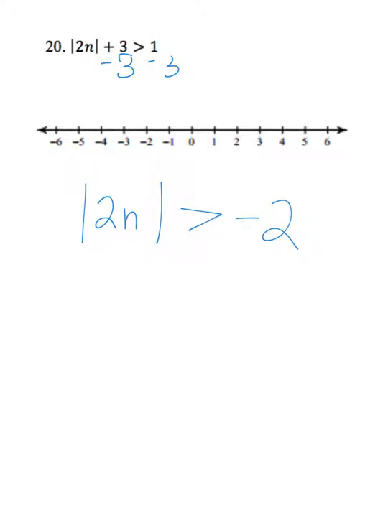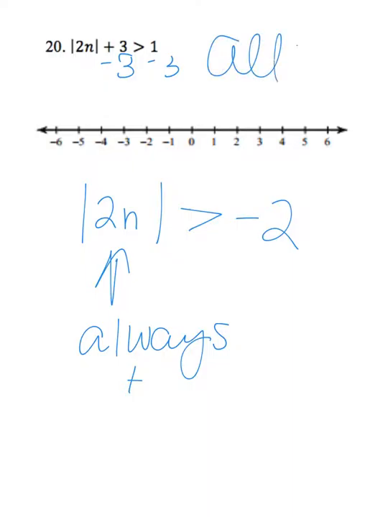And from class, we know that an absolute value is always going to be positive. So anytime a positive number is always greater than a negative number, our solution becomes all reals. And I shade the entire graph.